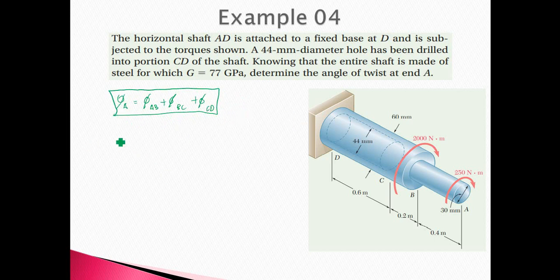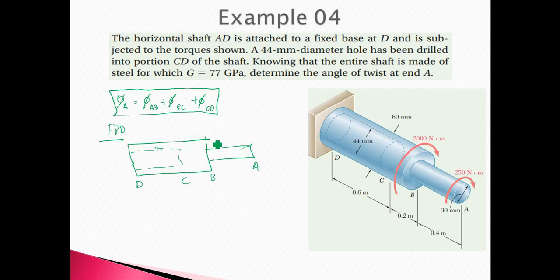So for this problem, let's start with the free body diagram. We draw the free body diagram of the shaft. The shaft consists of point D, point C, point B, and also point A. And then don't forget, portion CD is hollow. Then we draw all the torques acting on the shaft.